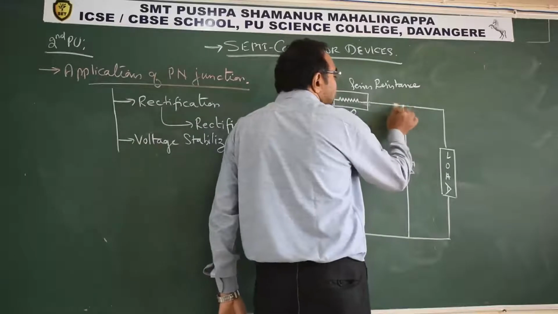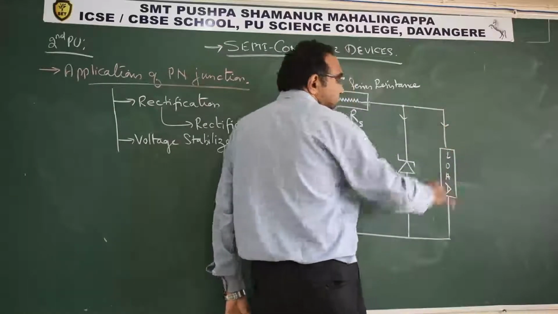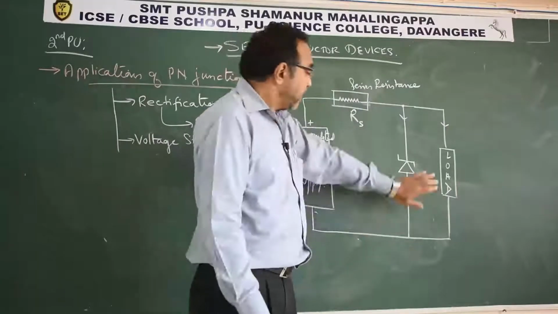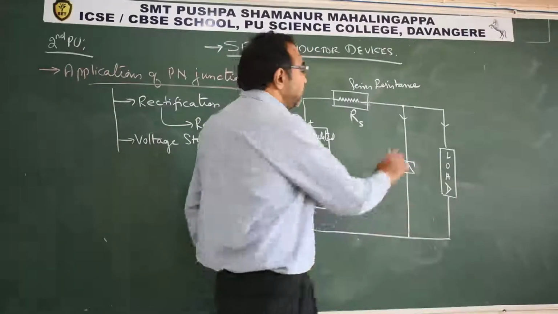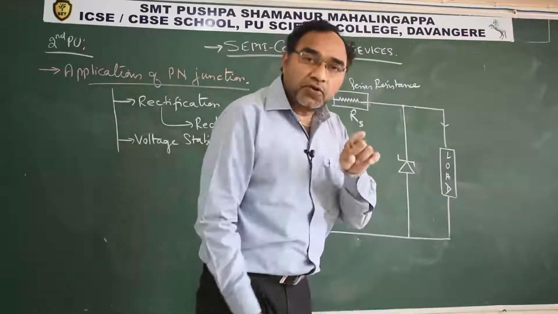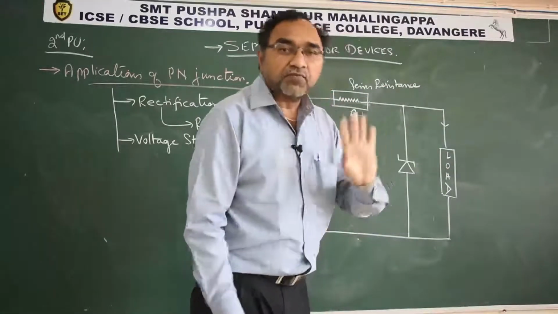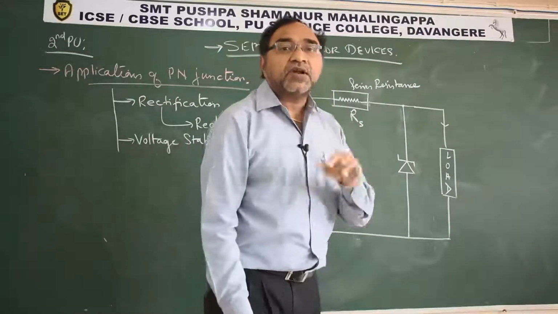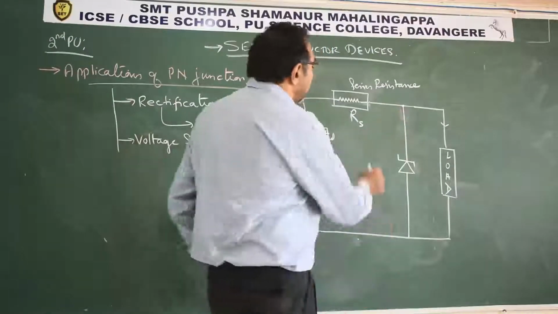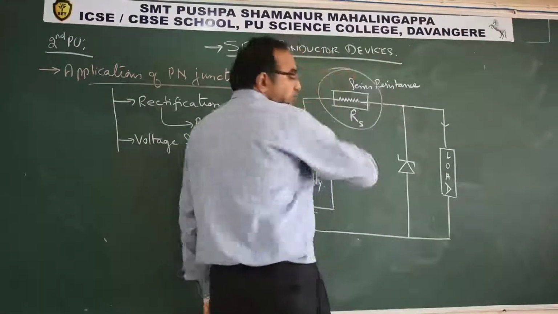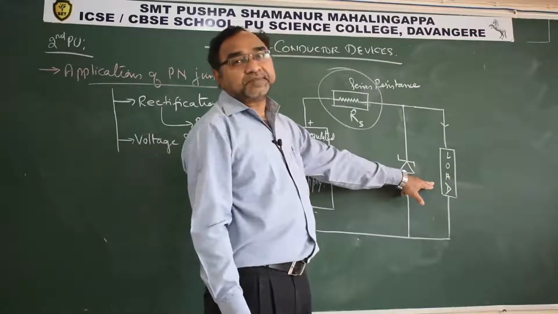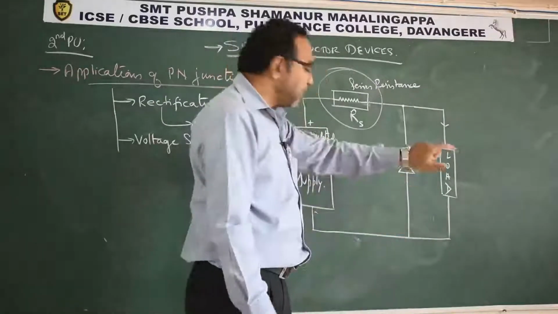If it is less than 200, it will not break down, so the whole thing will go to the load, and your load is safe. If even 201 comes, the diode will break down, some voltage will occur across this and the remaining 200 will go to the load. This is the role of the Zener diode.